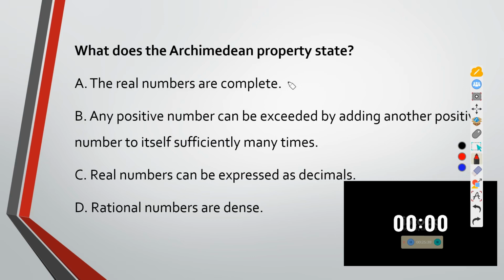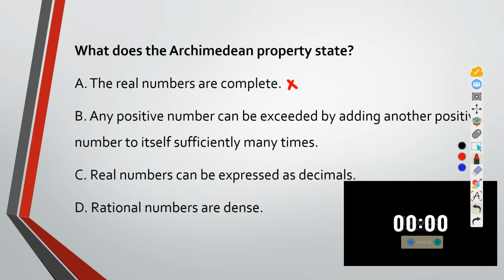This is not true because this is the completeness axiom. For the completeness axiom, every non-empty subset which is bounded above has a least upper bound, or every Cauchy sequence converges. The Archimedean property is about ordering and addition, not limits. So this will be out.